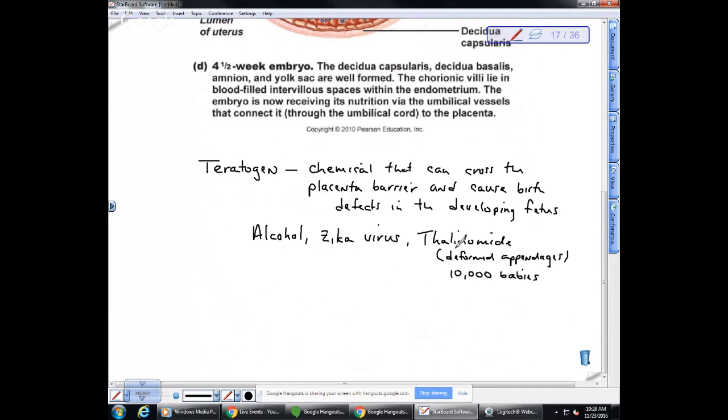And so it seems to be a good drug for cancer patients. And so there was a big uproar about whether, since it caused just this horrible thing to happen, it should even be used medicinally again. And I'm not sure what happened with that, if they said that it was okay to use it for cancer. Okay. So those are teratogens, and that's early embryonic development.